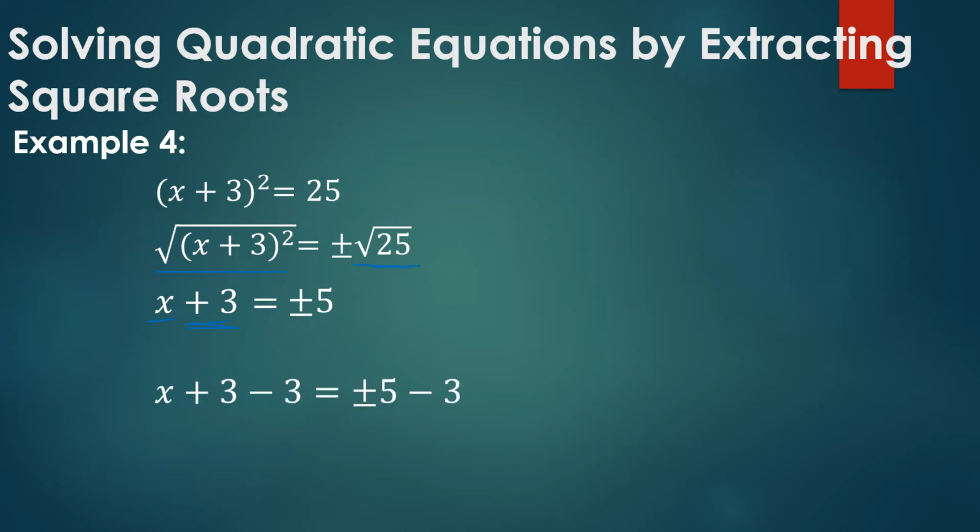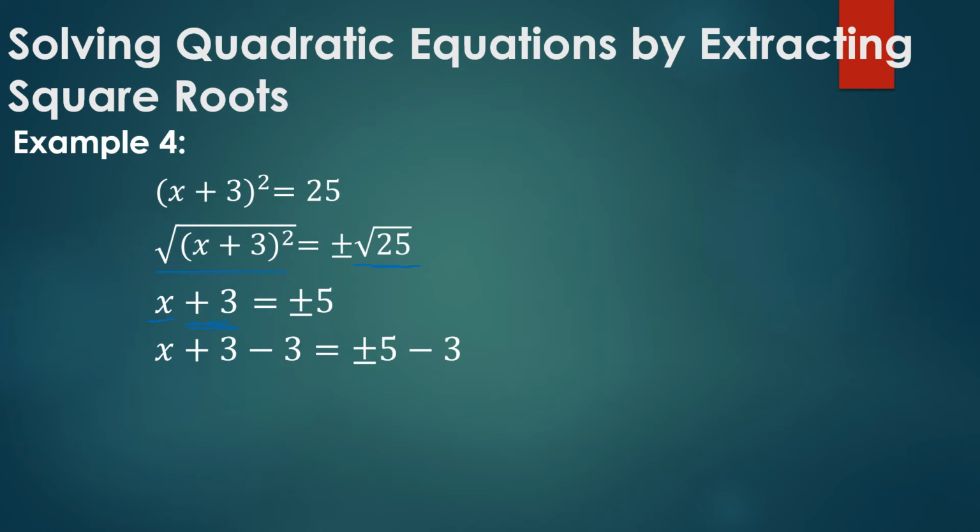So we have, by applying the addition property of equality, we are going to add negative 3 to both sides of the equation so that it will become 0. Makakancel na yan. Di ba? So, ang matitira na lang sa left side ay x is equal to positive and negative 5 minus 3. And then, we have to simplify the resulting equation because there are two possible cases of 5, which is positive and negative.